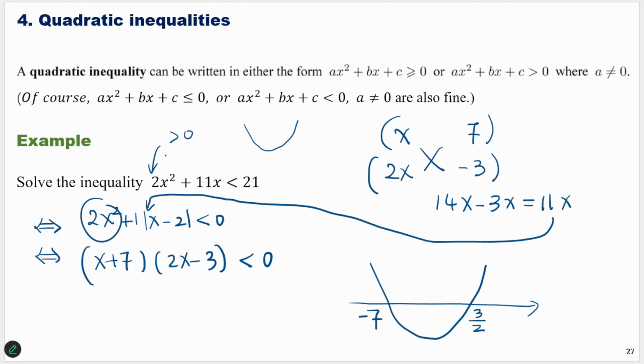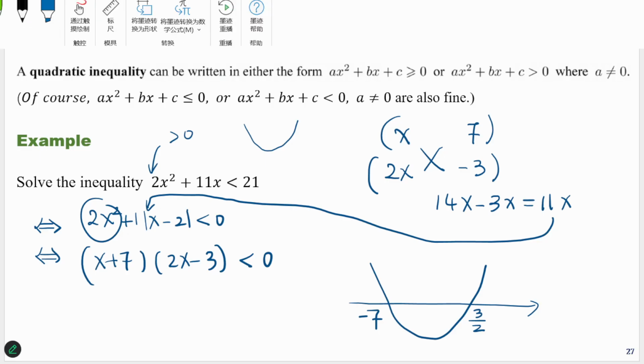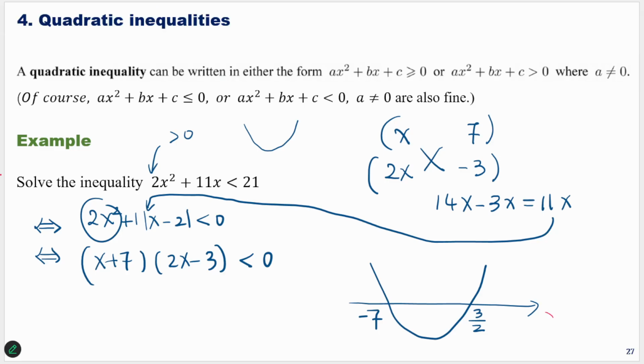Yeah. We don't care about the position of the y-axis because it has nothing to do with our solution to this inequality. So this question really asks you to find the interval of x such that the function is less than 0, which means under the x-axis.